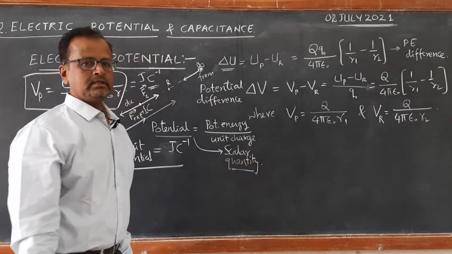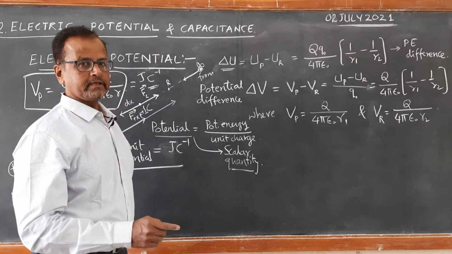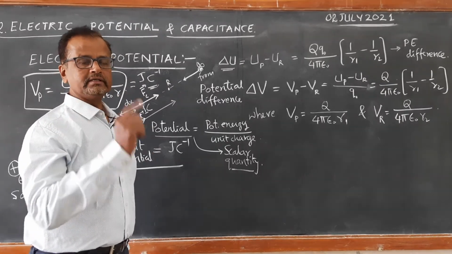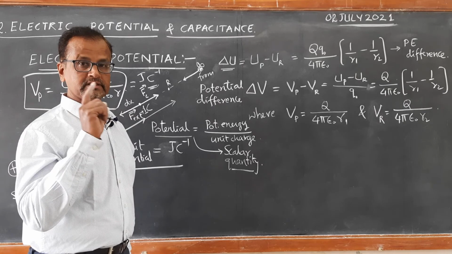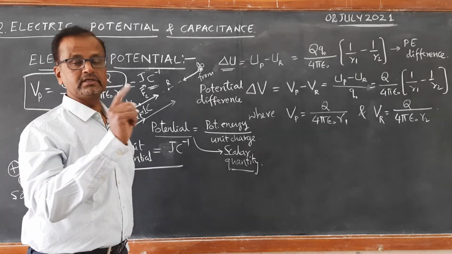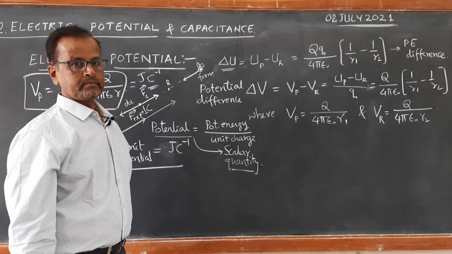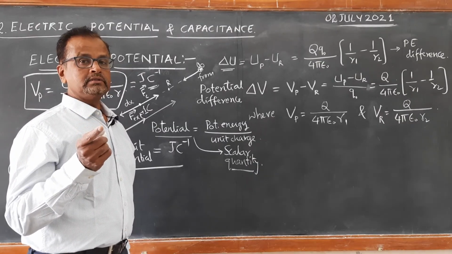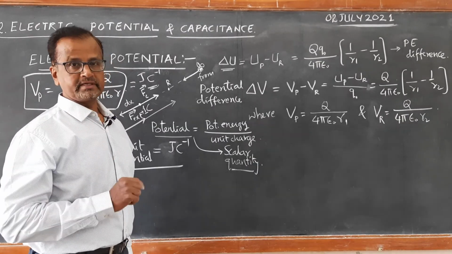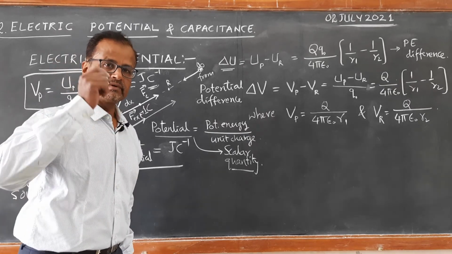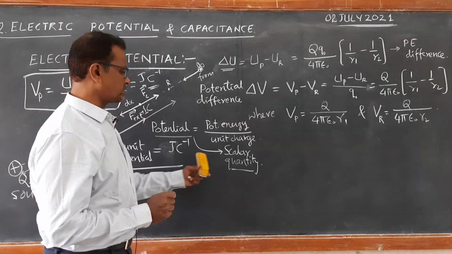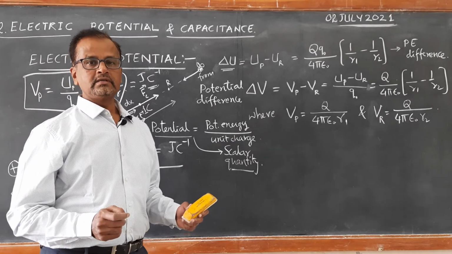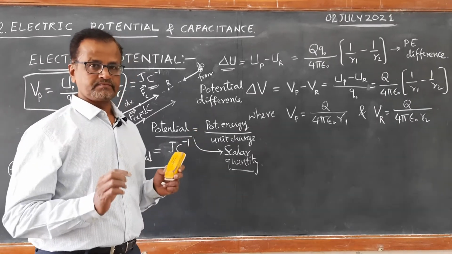Remember, potential is a scalar quantity, whereas electric field is a vector quantity. Electric field depends inversely on the square of the distance, whereas electric potential is inversely proportional to distance.